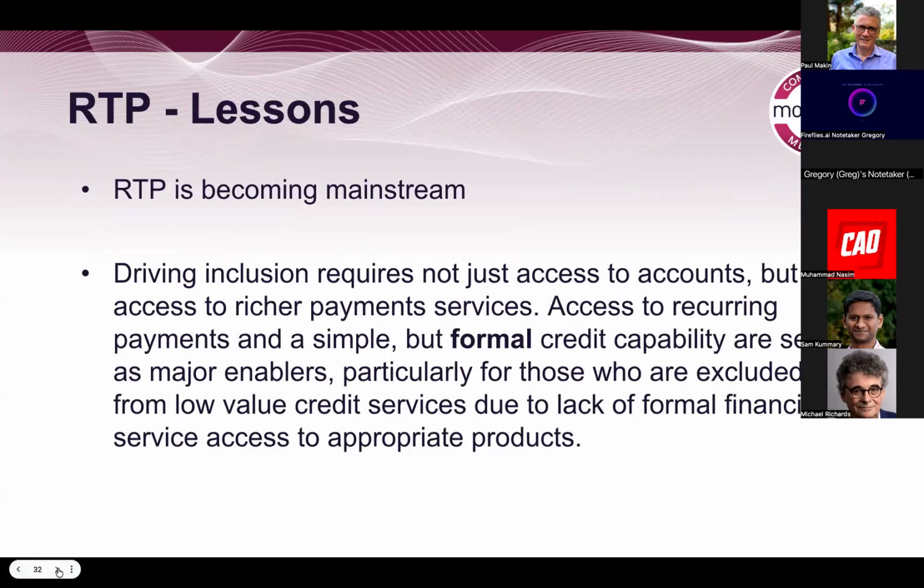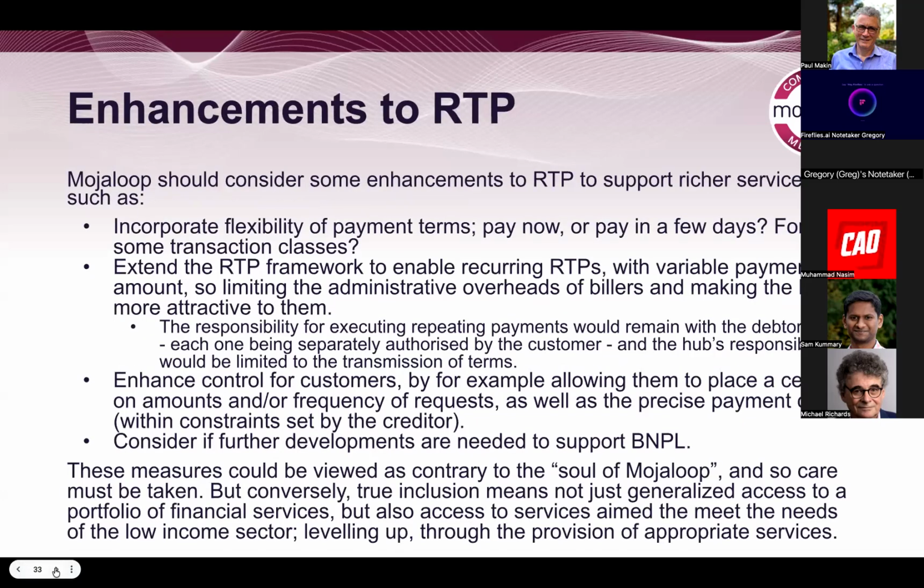And at the heart of Mojaloop is the need to drive inclusion. And it's not just about access to accounts, but also access to richer payment services to actually make people fully included. Access to recurring payments and a simple but formal credit capability are seen as major enablers. As I've said already, I'll repeat myself. So Mojaloop should consider some enhancements to RTP as a layer over the top of the core RTP functionality.